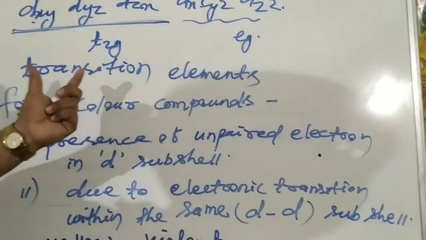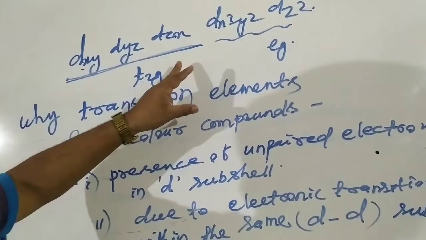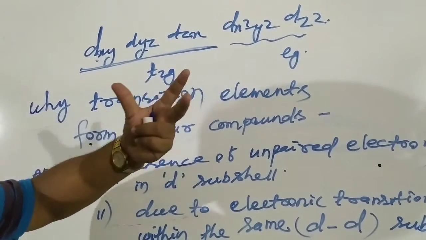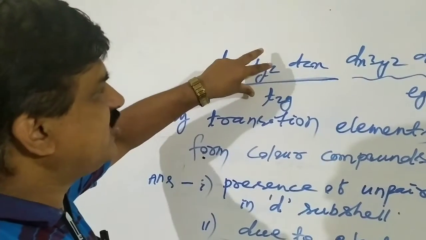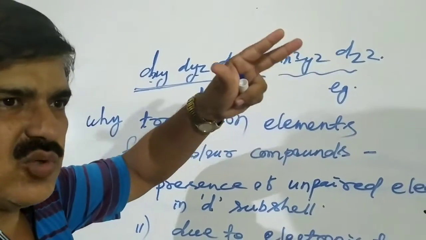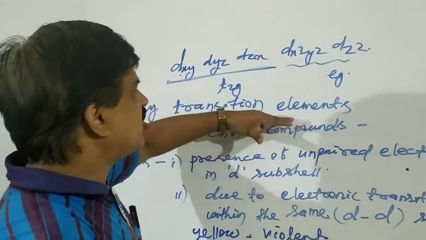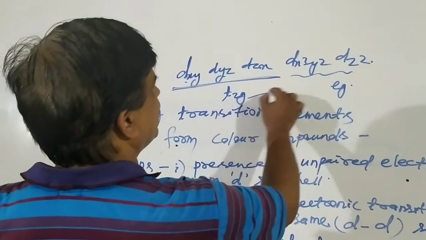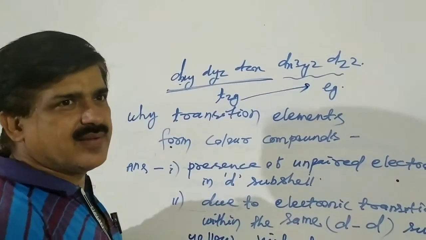In the ground state or degenerate state, they are at equal energy level. Due to splitting, the energy of one set decreases and the other increases. Due to the difference in energy, the electron jumps from this orbital to these orbitals.